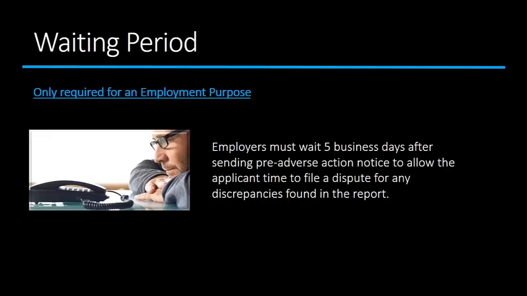Let's call it a packet more than a notice, because it's got multiple things in there, including the notice, to allow the applicant time to file any dispute that they may feel is necessary based on discrepancies within the report. What's interesting here is that adverse action documentation sometimes touches on the fact that the Fair Credit Reporting Act, the FCRA, is relatively ambiguous in terms of how long is the appropriate time to wait.